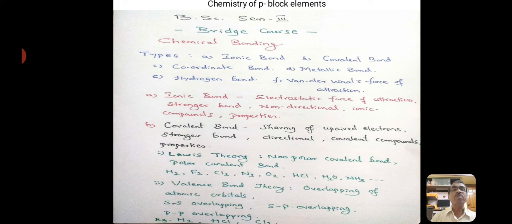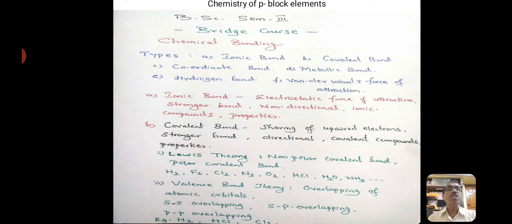Example is hydrogen. The covalent bond formed by overlapping of s and p orbitals is known as s-p overlapping. Example is HCl. Similarly, the covalent bond formed by overlapping of p and p orbitals is called p-p overlapping, and example is chlorine.